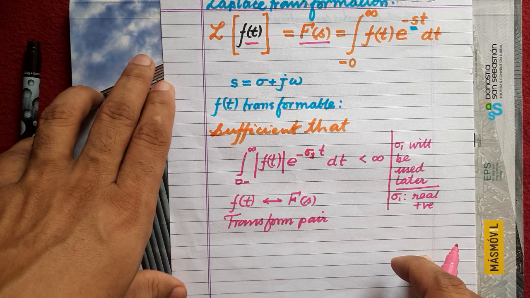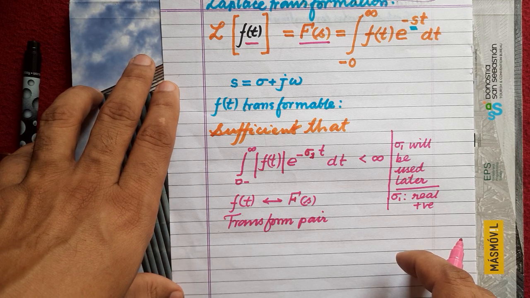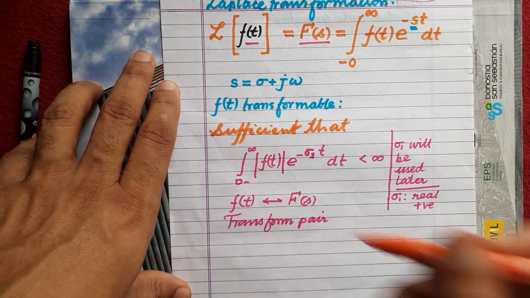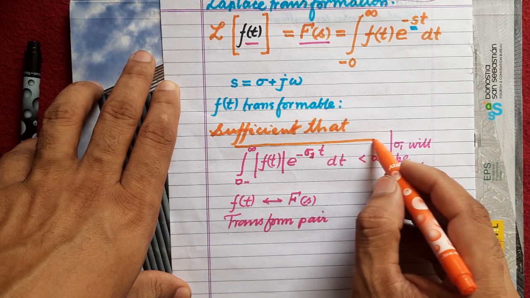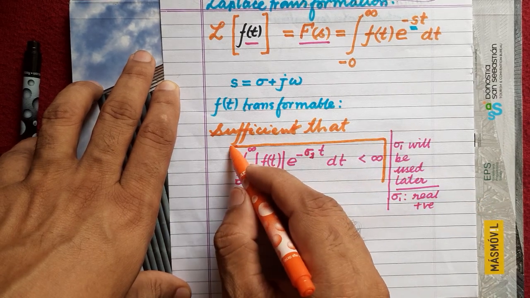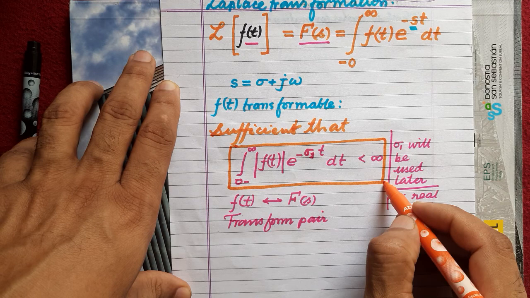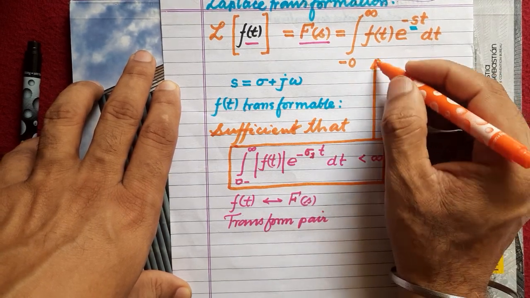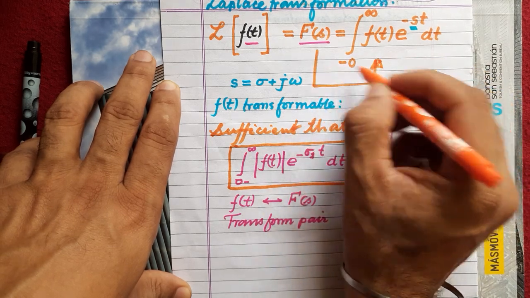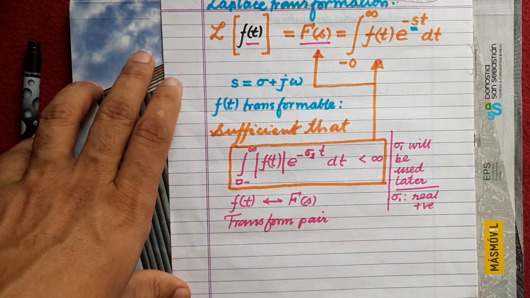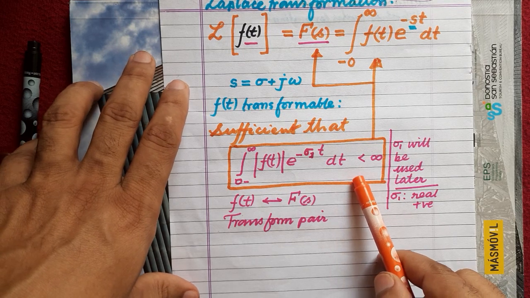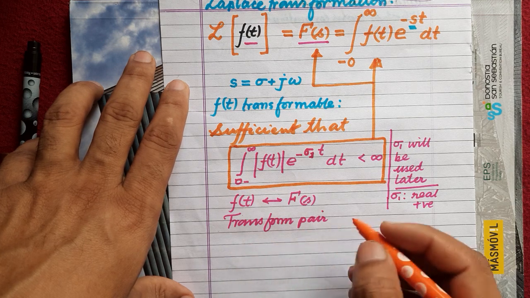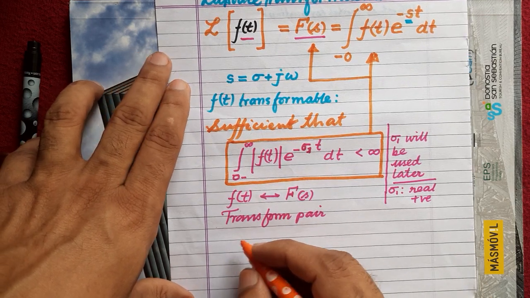And this restriction is satisfied by most of the f(t). Which restriction? This restriction. This is a restriction on f(t), so that we can get this transform F(s). So this restriction is satisfied by most of the f(t) encountered in engineering.